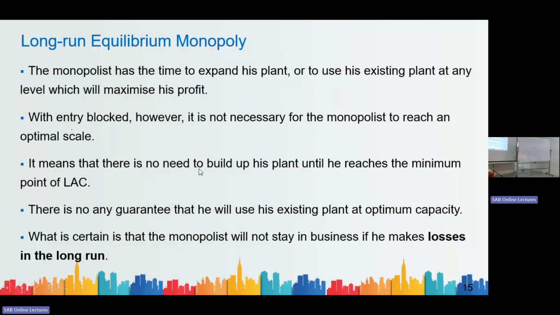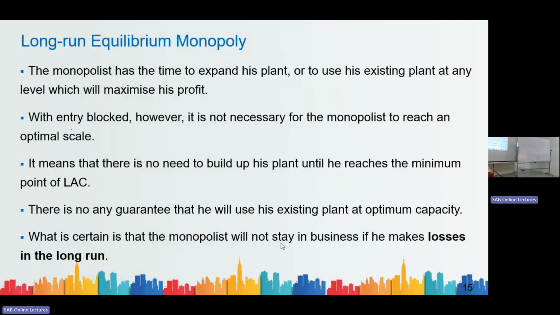It means that there is no need to build up the plant until he reaches the minimum point of LAC. There is no guarantee that he will use the existing plant at optimum capacity. If he wants, he can reach it; if he doesn't want, he can stop before that. What is certain is that the monopolist will not stay in business if he makes losses in the long run.